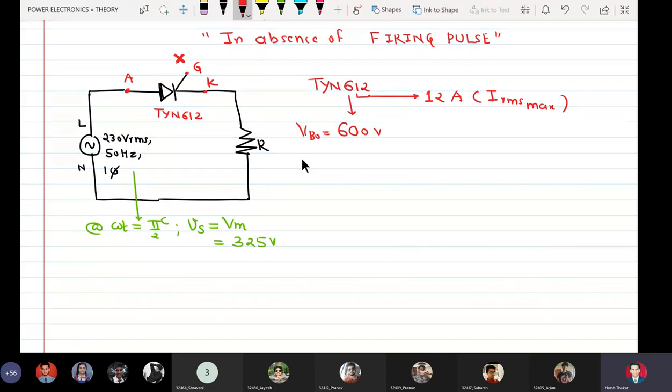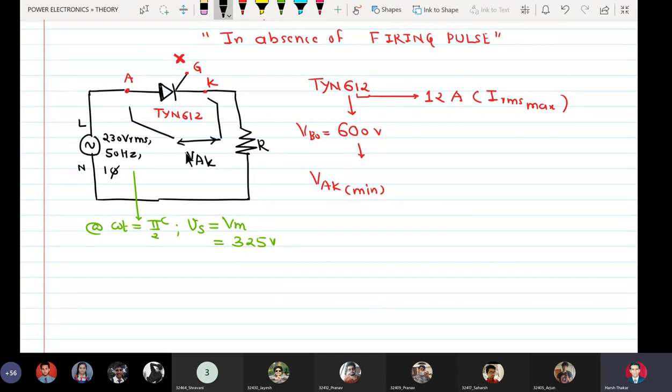That means VBO equal to 600 volts indicates the VAK min. So VAK indicates the potential difference between the anode and cathode terminals. So I can indicate it like this. This is VAK.